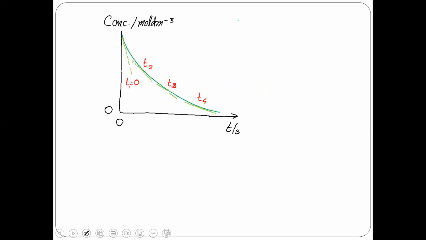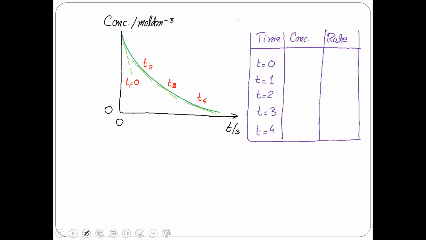So we will take one graph this time because there is no other reactant, and we'll make a table from here. Just copy this now.